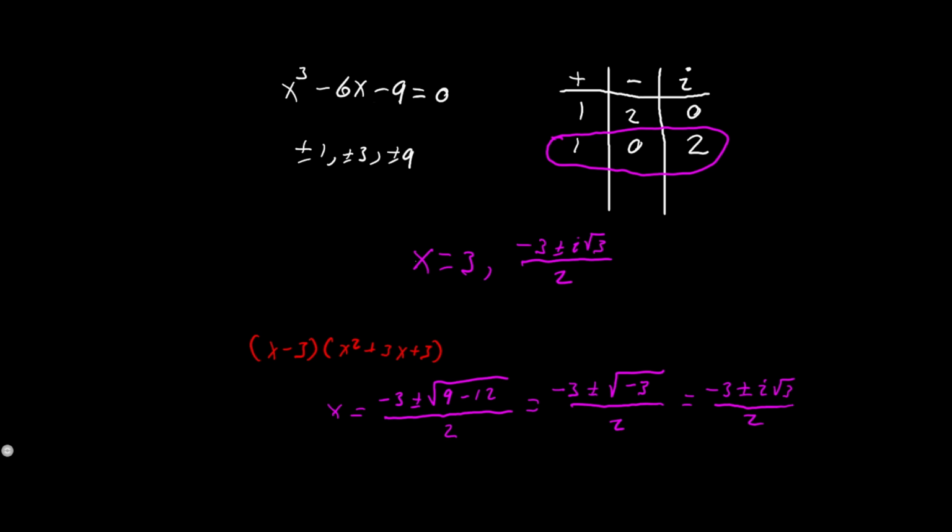So we see that Descartes' rule of signs does work, and it actually gives us an idea of how many solutions there could possibly be. So let's go ahead and look at another example, and we'll wrap that up for this video.